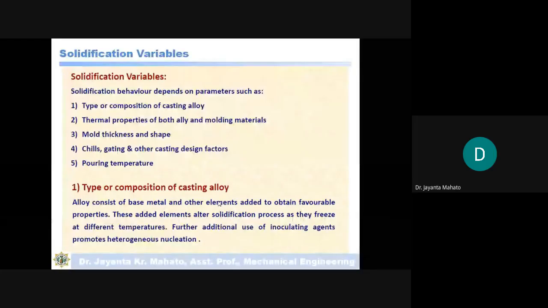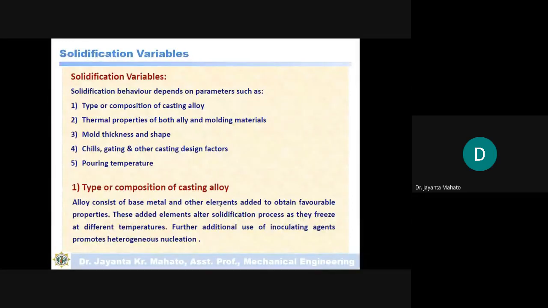Depending on the chilling, gating design, and casting design, the solidification rate can be changed, and accordingly the cast structure can be changed or controlled.